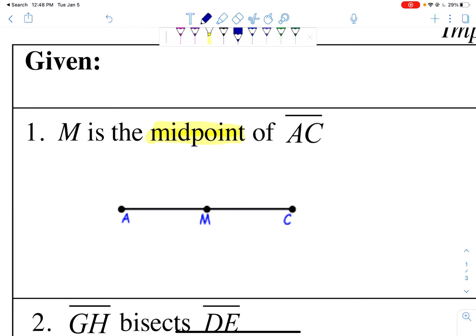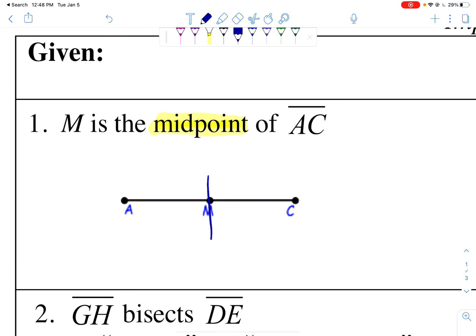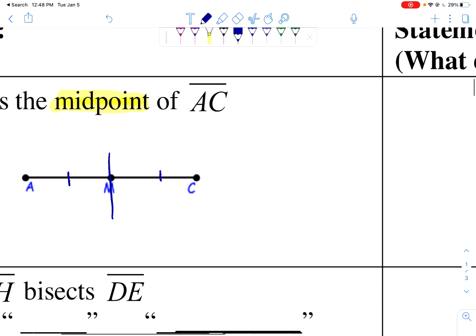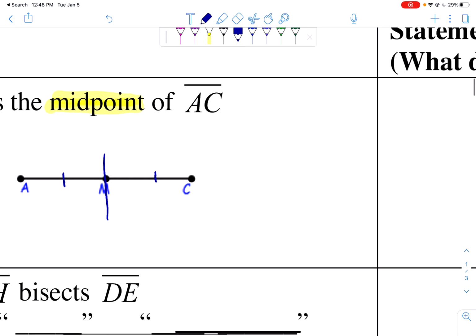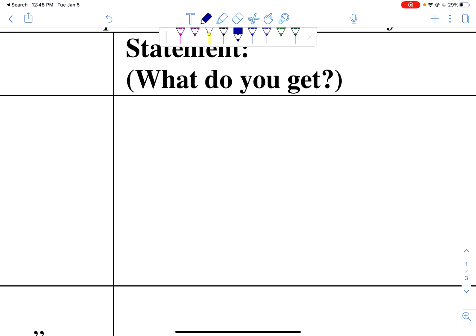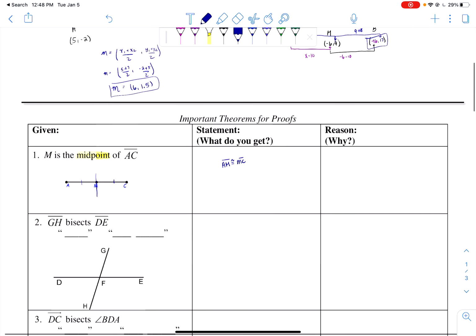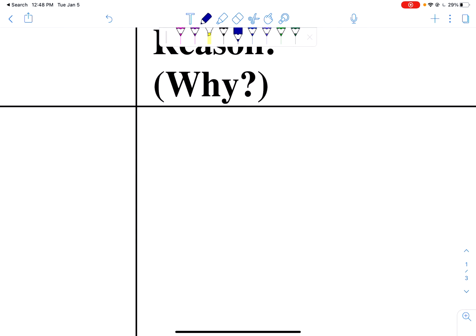So if I look, I know that M is the midpoint of this line segment. So I can say that line segment AM is congruent to MC. That would be my statement. Now, my reasoning would just be a midpoint creates two congruent segments, and you can abbreviate midpoint.